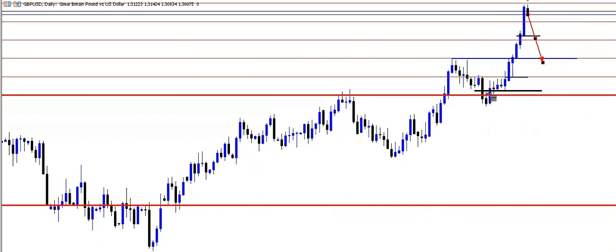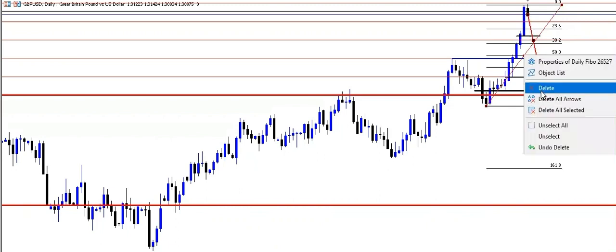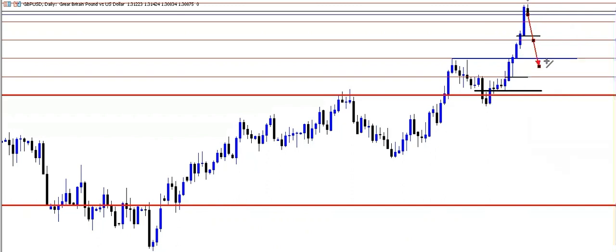This is the last structure, so it will be very nice for us to see some kind of retracement to the discount zone around these price levels before we can look for potential continuation.